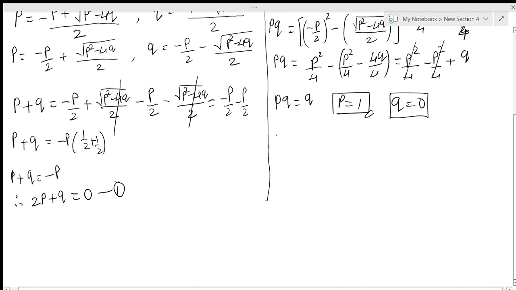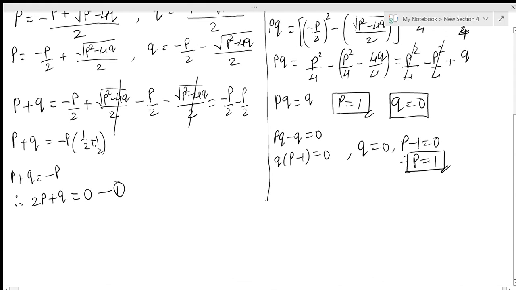We can also find this by taking p into q minus q is equal to 0. Now taking q common, q into p minus 1 is equal to 0. So either q is equal to 0 or p minus 1 is equal to 0. Therefore p is equal to 1. So the first value of p is coming out to be 1.